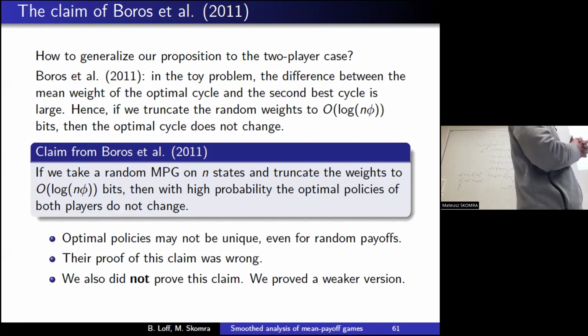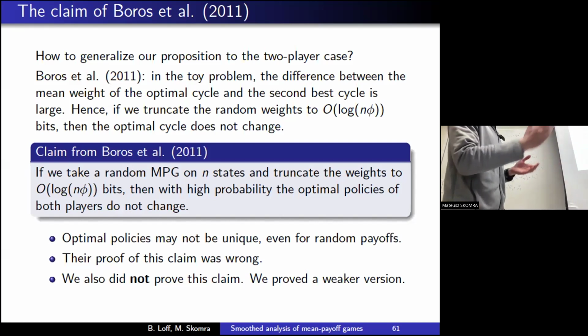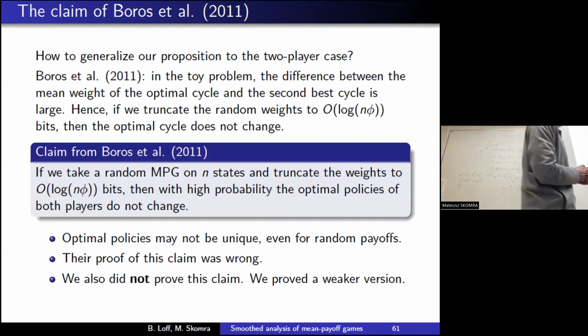Then they say that this works in the one-player case, and in the two-player case it's similar: you condition on one player and on the optimal policy of that player. They say that if you take a mean-payoff game with two players, take random weights and truncate them, then somehow the optimal policies of the players do not change.